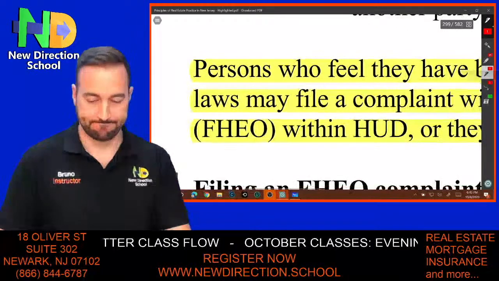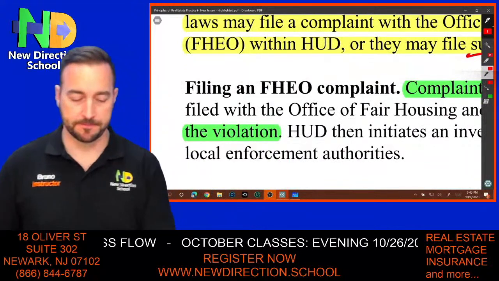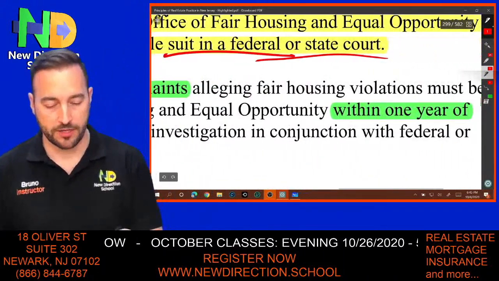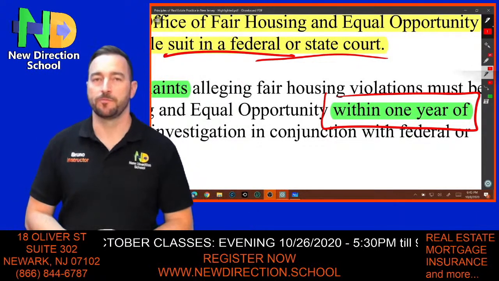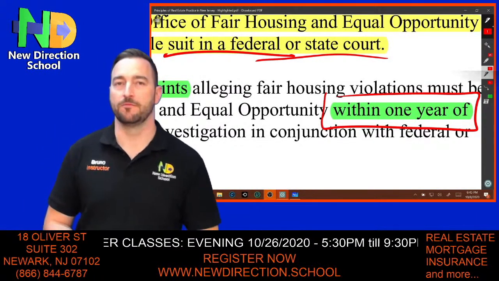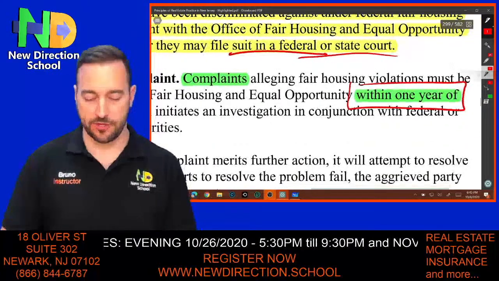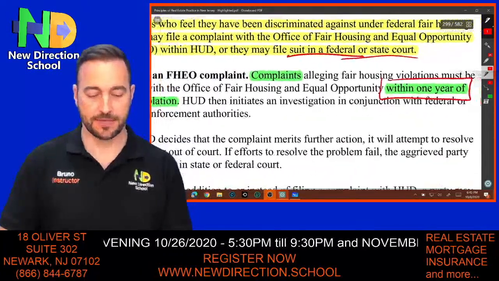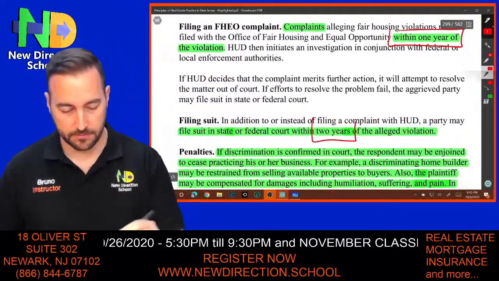So what do they do? They file a complaint with HUD, and you have 1 year from the alleged discrimination to file that complaint. If you go to federal court, you have 2 years. But complaint with HUD, 1 year. Federal court, 2 years.